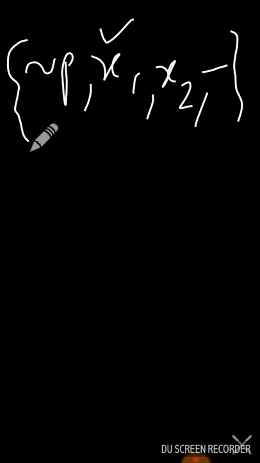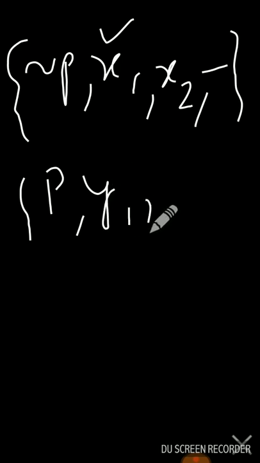One more thing I would like to tell you, just leave this for a minute. Okay, suppose in resolution we have negation of P, x1, x2 (any propositions), and so on, and another one is P, y1, y2, and so on.